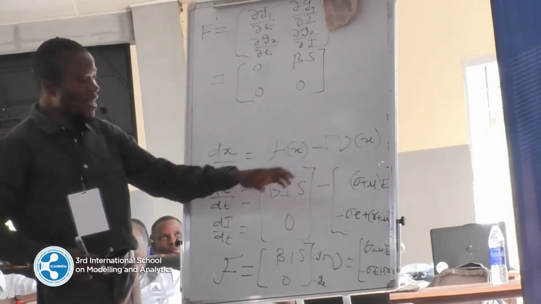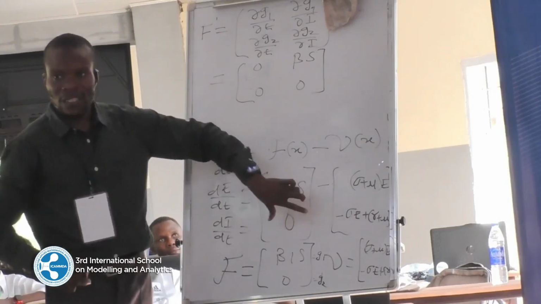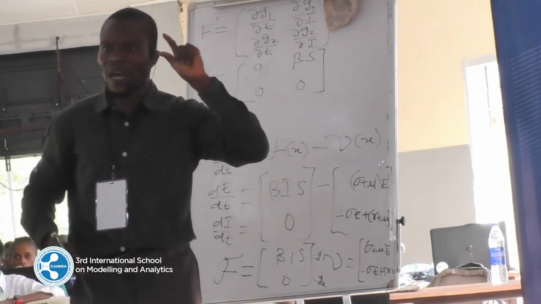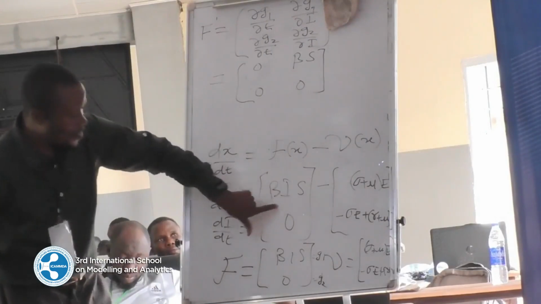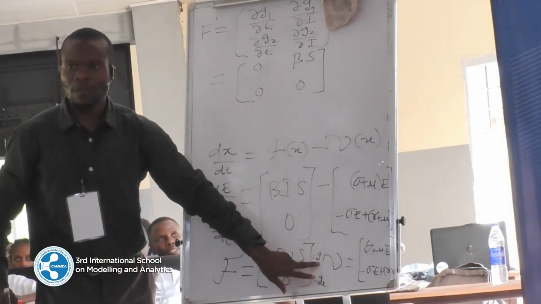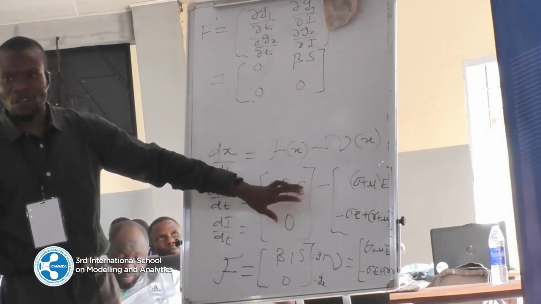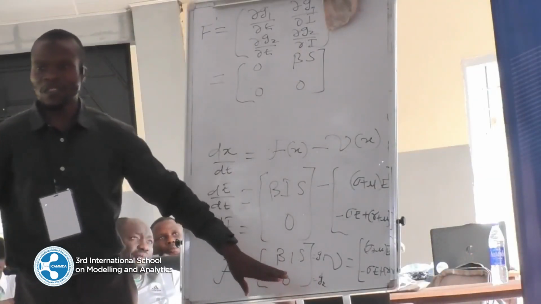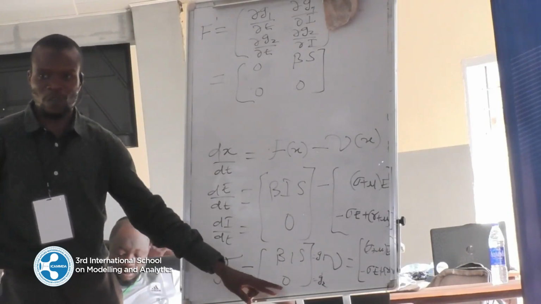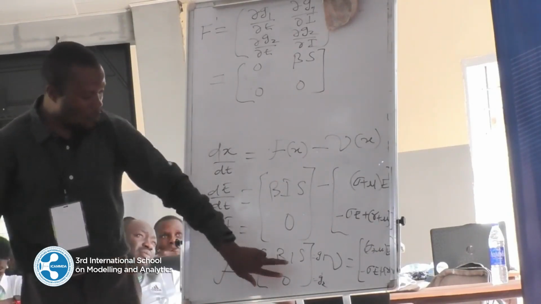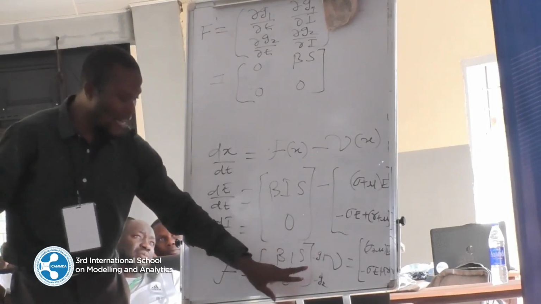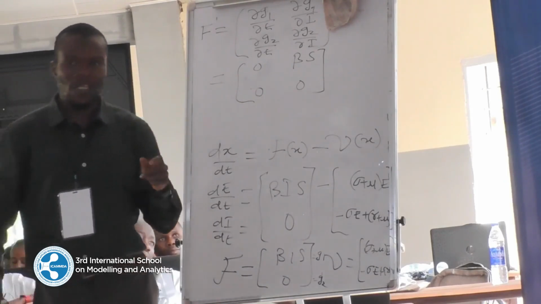We are now saying that we will linearize each of these functions with respect to those two variables, E and I. So I now said, let this term be represented by G1, because it is a function. And this one is also a function, which is equal to 0. So we are now going to find the partial derivatives of G1 and G2 with respect to E and with respect to I.